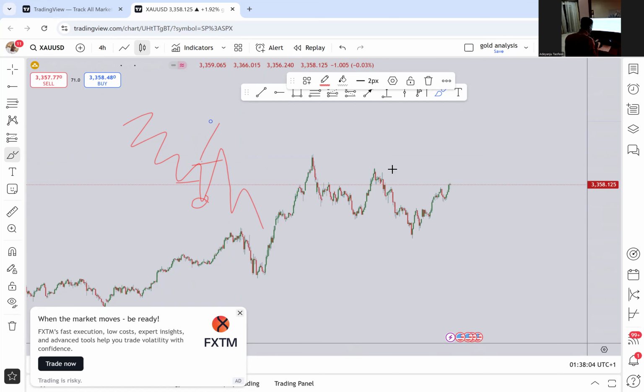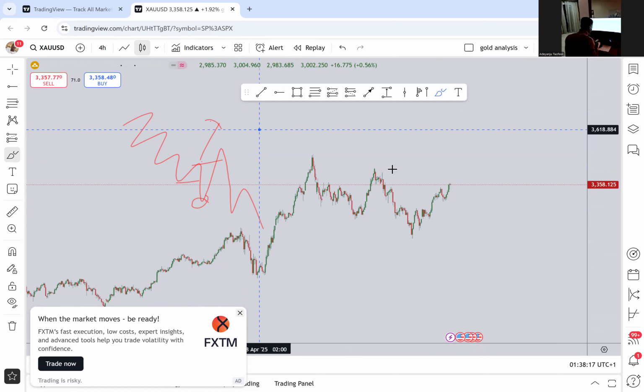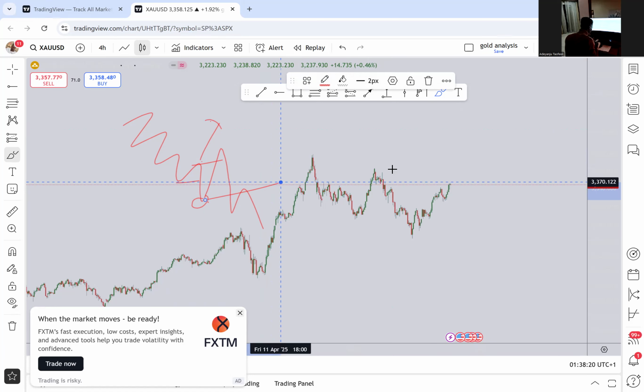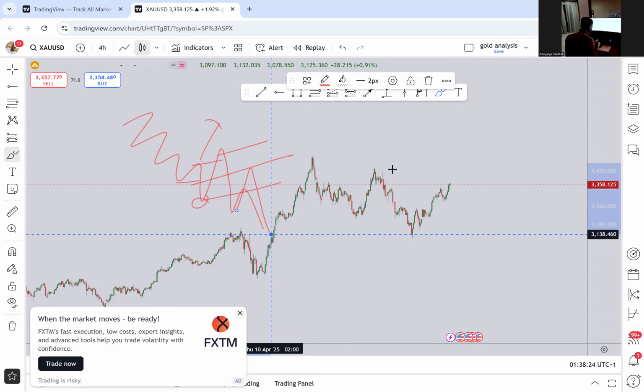But then it happened that price broke through it. So it means that this level where price was supposed to go up, price broke through it. Then we mark out 50% of this level, and then we take a sell from there. That is the continuation.